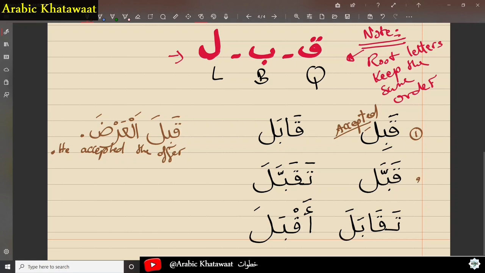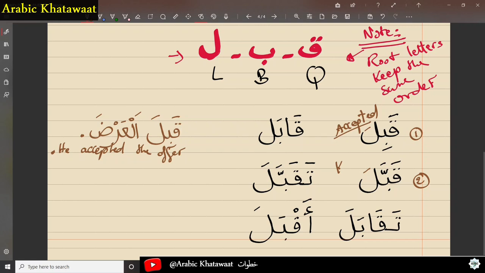So قبل is kissed, he kissed. We're only using the conjugation of هو, which is he.